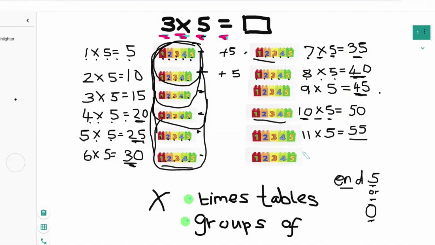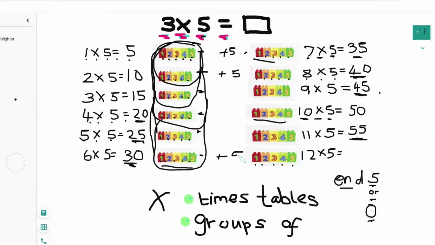Now for the next one, we're going to use the blocks to help us count as well, okay? So the last one is 12 times 5. What do we think 12 times 5 is? We know that 11 times 5 is 55. So we're going to add on another, what number are we going to add on?